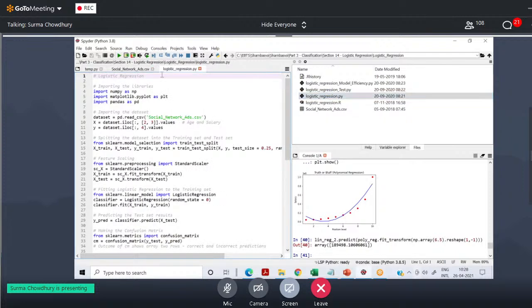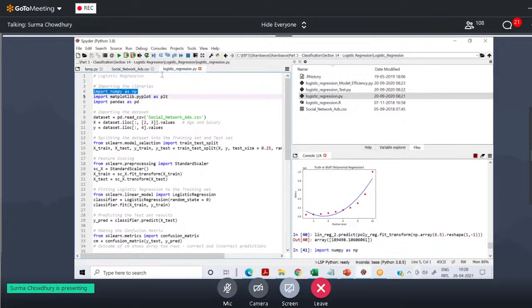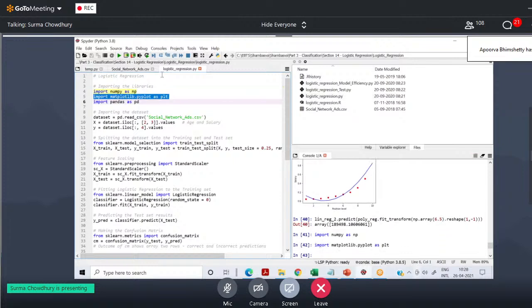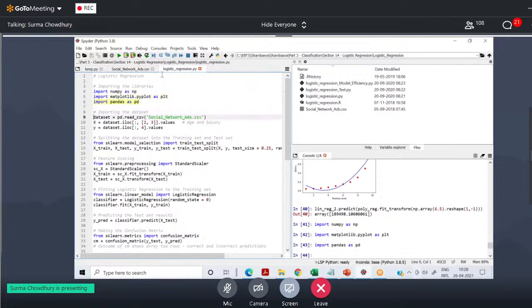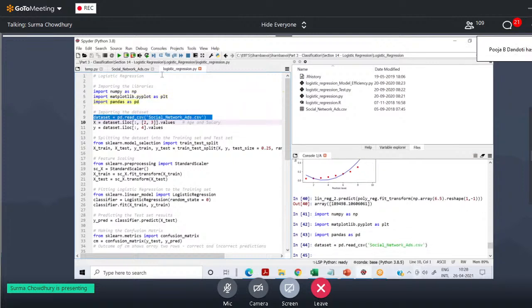Now again, the data pre-processing steps are absolutely the same. So I will first import NumPy, import Matplot, import pandas, and take the data set.